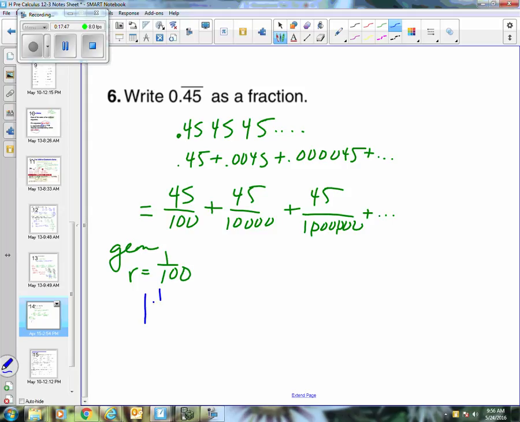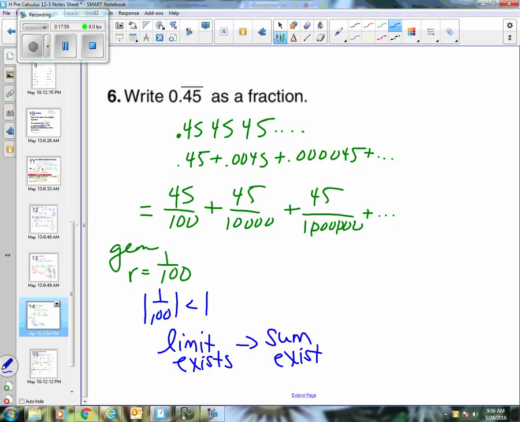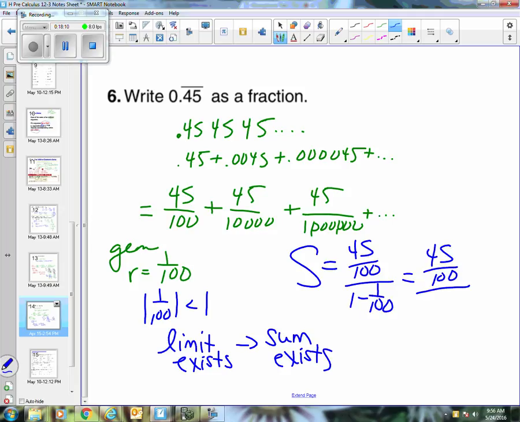So because that ratio is less than 1, the limit exists, which means the sum exists. It goes to 0. Those terms get teeny tiny. And we know how to find our sum then. It would be A1, 45 over 100 over 1 minus the ratio, 1/100th. Well, watch what happens. You get 45 over 100 and then 99 over 100.